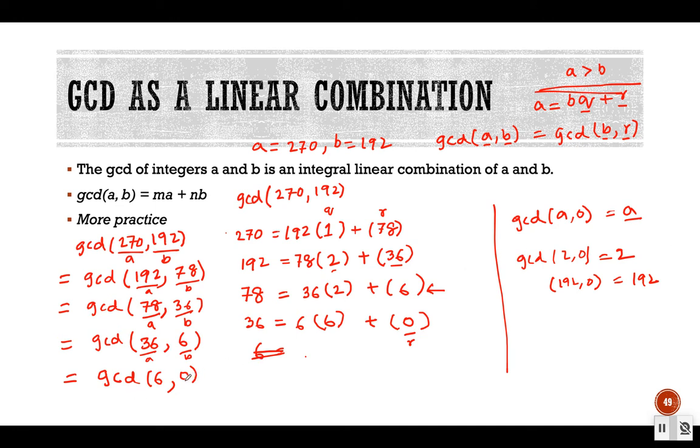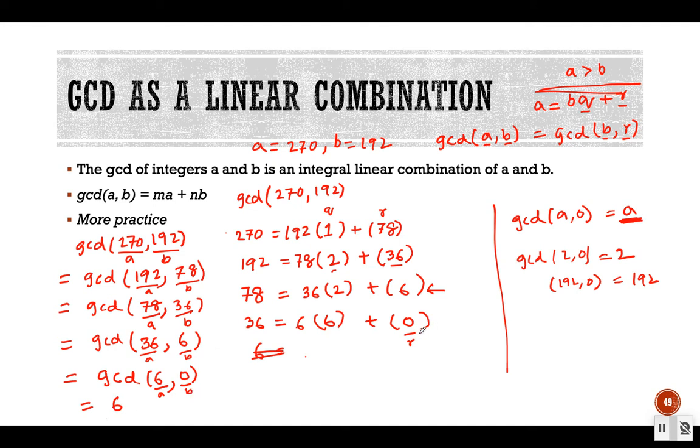So here, when I find something like GCD of some number and 0, I can say that this is the same as that number. Here it is A and this is B. When B equals 0, GCD equals A. So GCD of A comma 0 equals A. So 6 is my GCD.